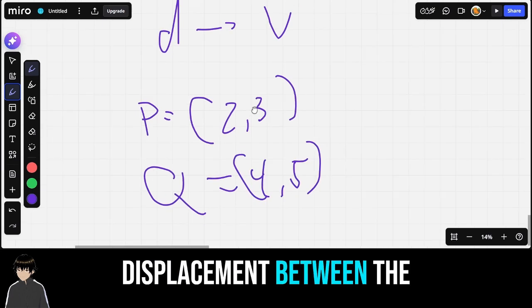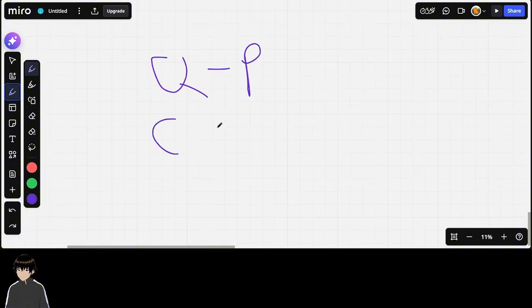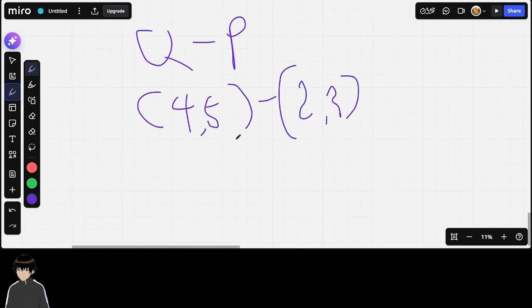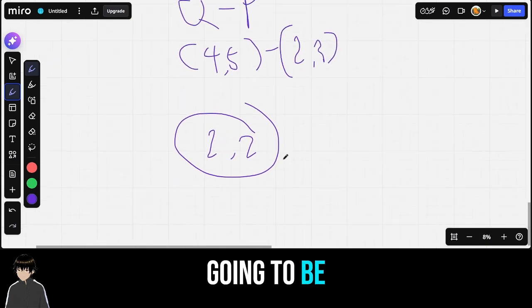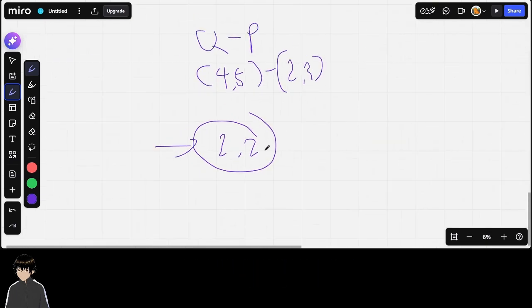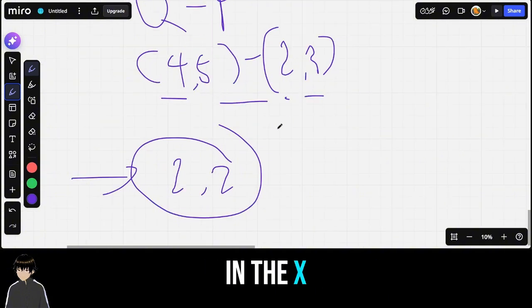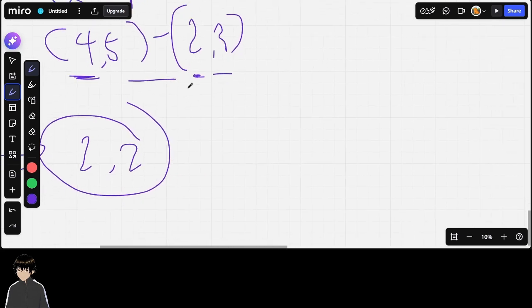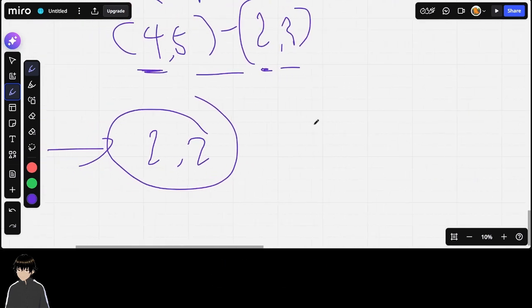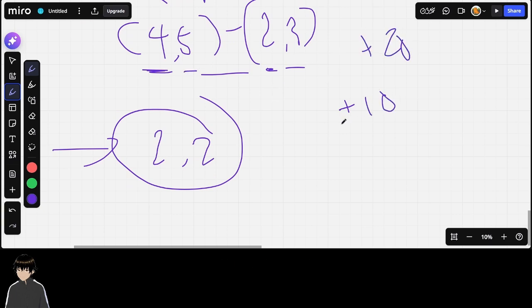And you get the displacement between the two. So that's 4 and 5 minus 2 and 3. This is still going to be the vector, regardless if you add any sort of number to these 4 points. So let's say in the x values of each set of numbers, you add 10, and in the y value you add 20. So you get this.